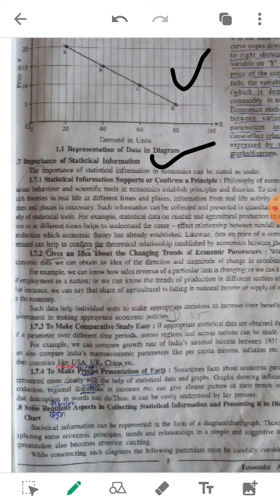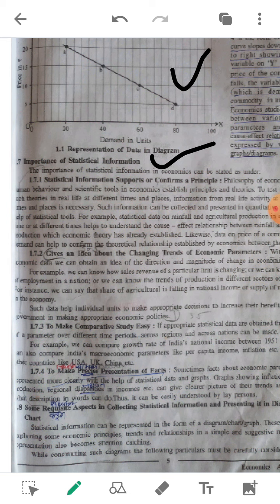And the last, to make precise presentation of facts. Sometimes facts about economic parameters can be represented more clearly with the help of statistical data and graphs. Graphs showing inflation, agriculture production, regional disparities in incomes, etc., can give a clear picture of their trends as compared to what a description in words can do.